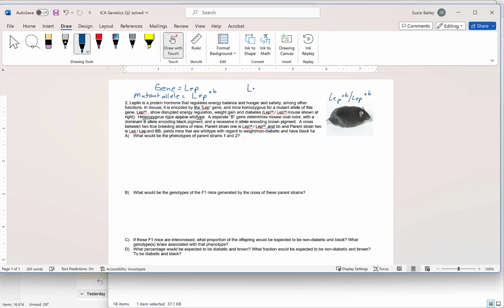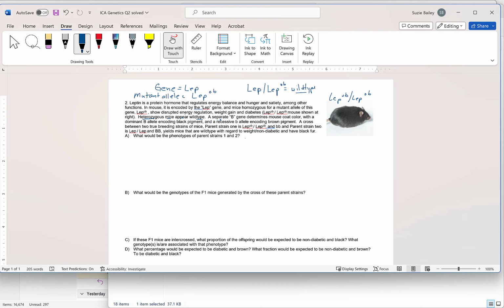So what that tells us is that if we have a mouse that has one normal wild type allele and one allele of this OB type, these mice are perfectly fine. These are wild type mice. Let's file that away and continue on with what other information we have in this problem.